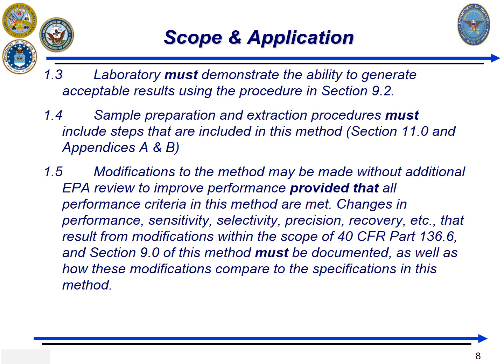Changes in performance, sensitivity, selectivity, etc., that result from the modifications within the scope of 40 CFR Part 136.6 and Section 9.0 of this method must be documented. So any modifications have to be documented, as well as the results of these modifications has to be compared to the specifications of this method.